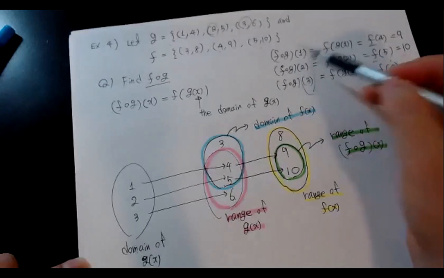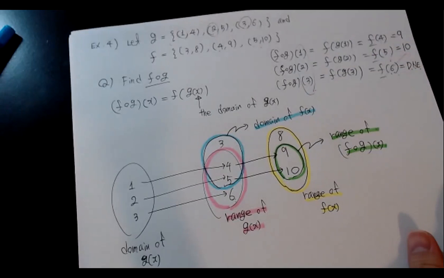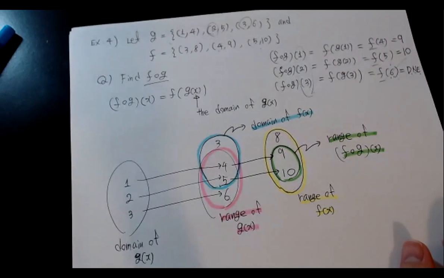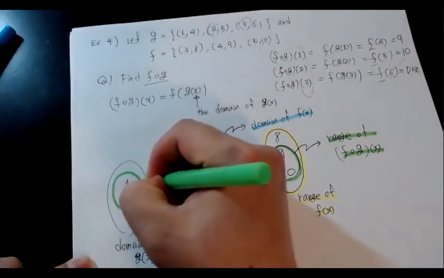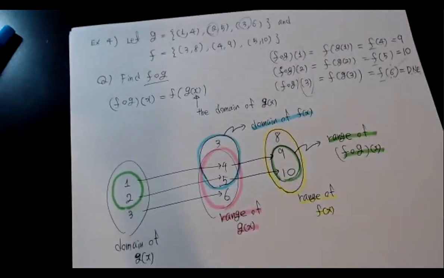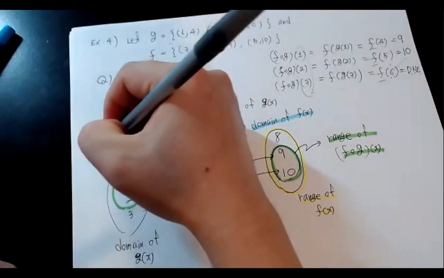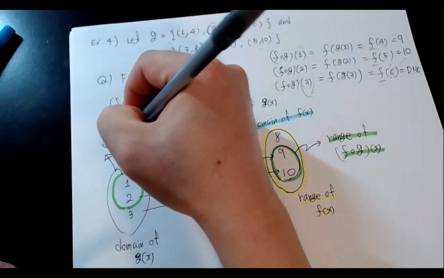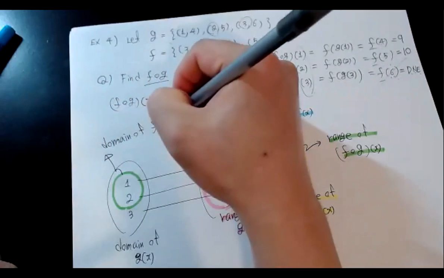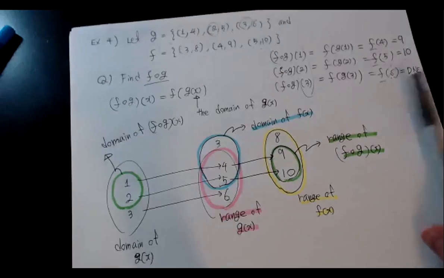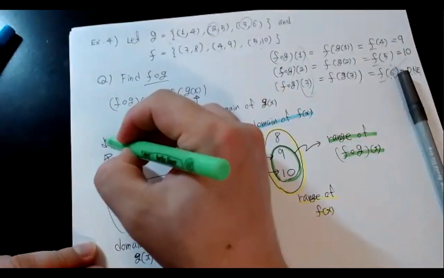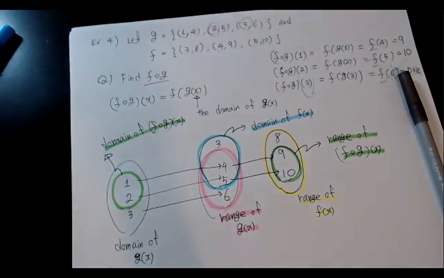So only the numbers 1 and 2 are in the domain of the composition of f and g. That's the domain of f after g of x.